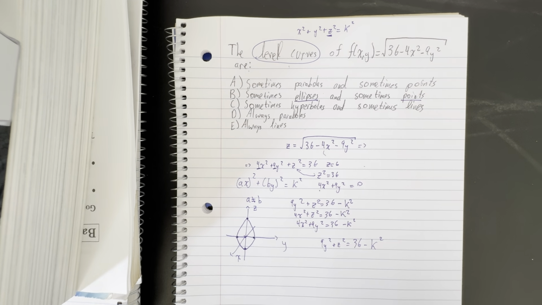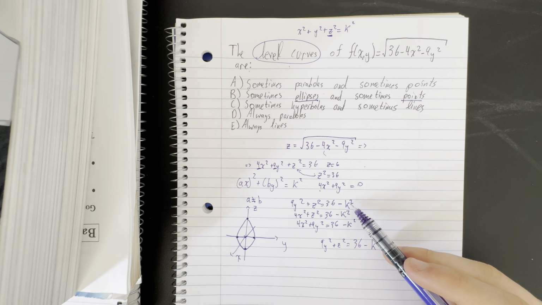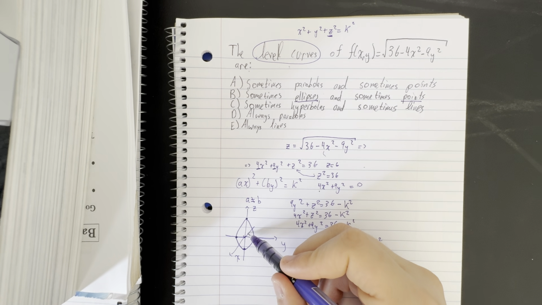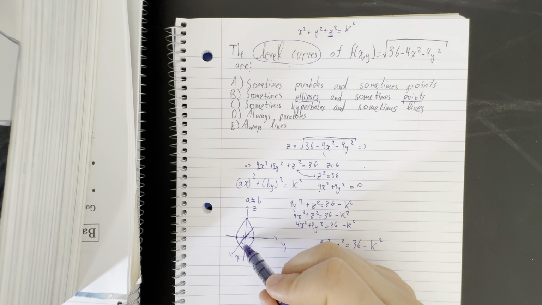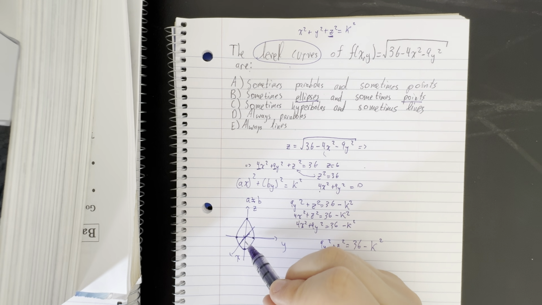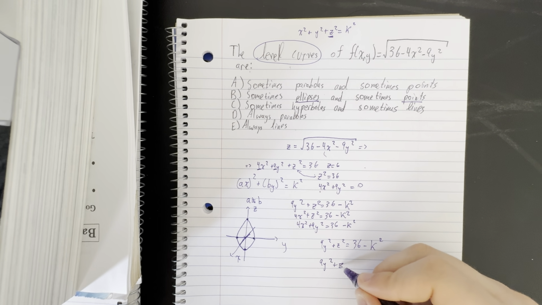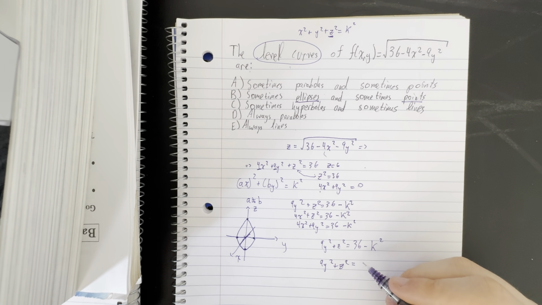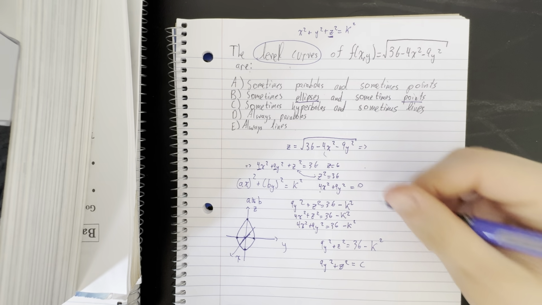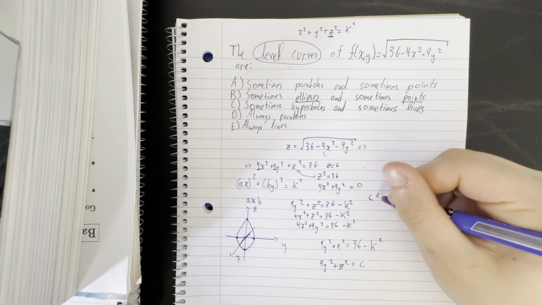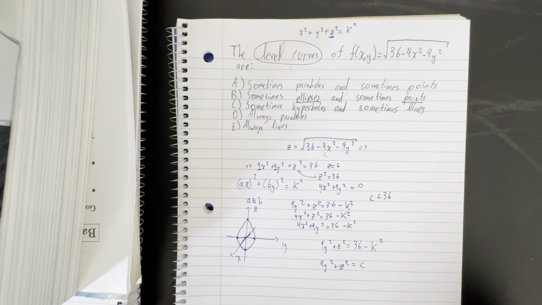That's the trace. Now, as you change k, as k gets bigger and bigger as you move along this x-axis, you're going to get 9y squared plus z squared equals some value c, where c is going to be less than 36, okay?